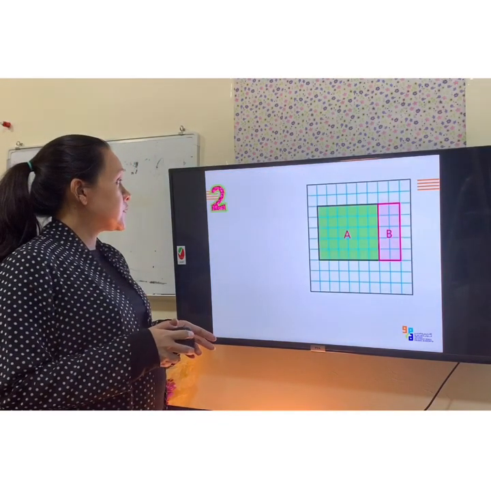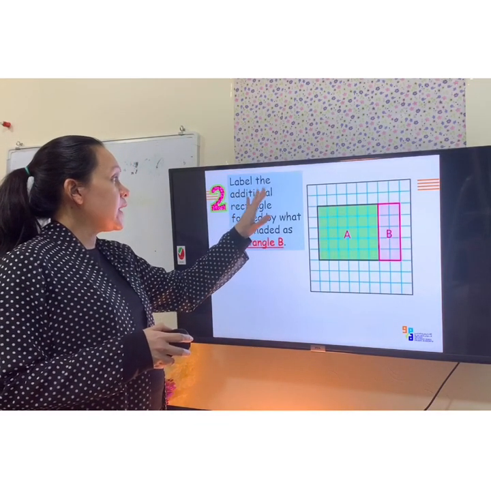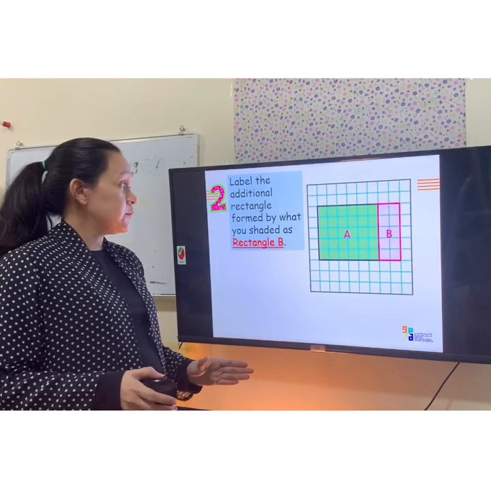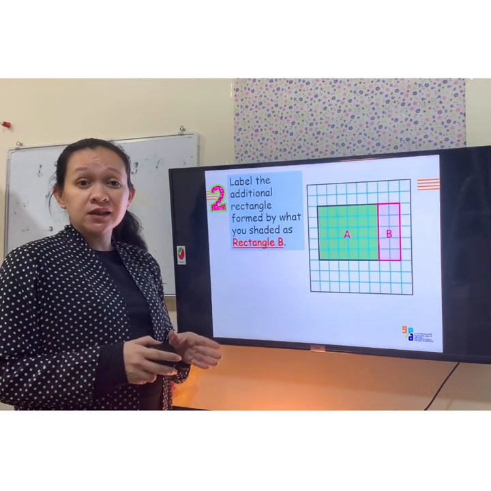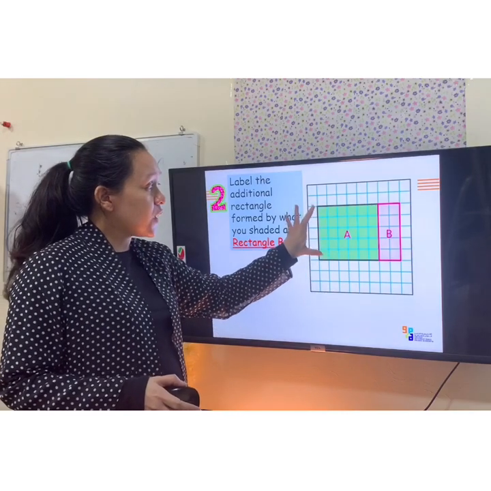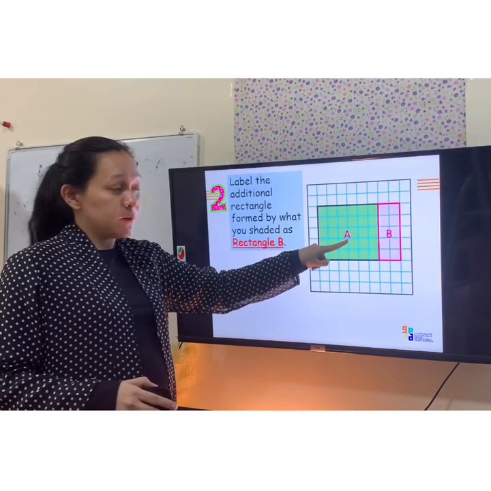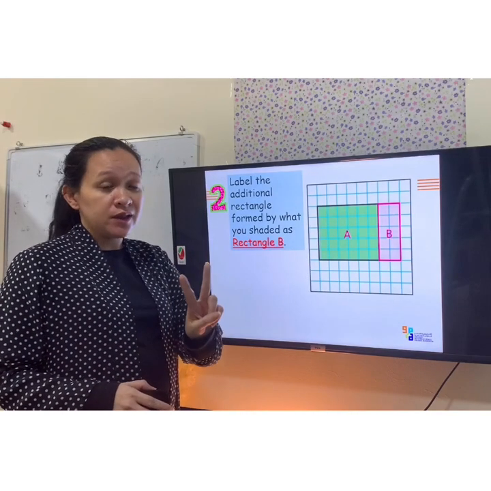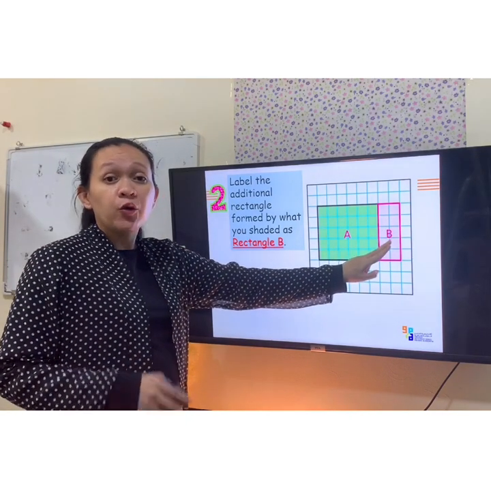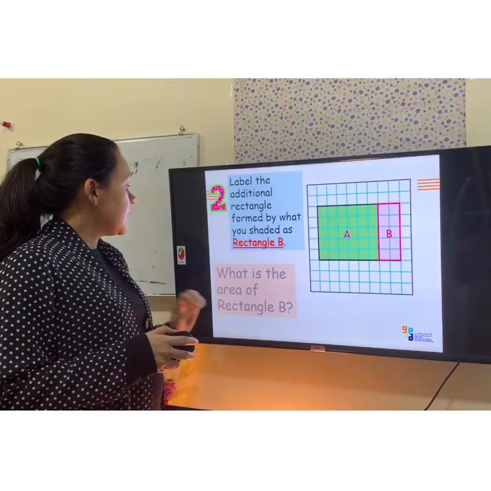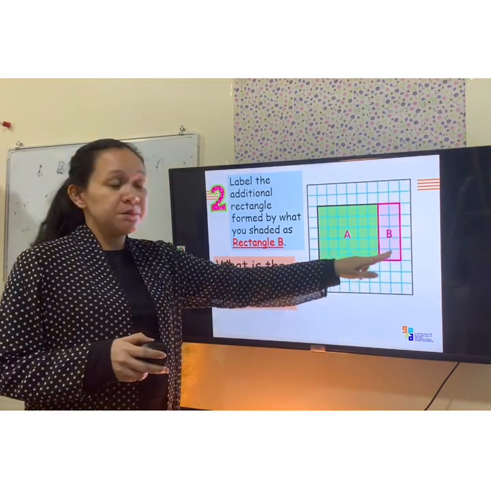Now let's move to the second step. We are going to label the additional rectangle formed by what you shaded as rectangle B. So this is our first figure, which we labeled rectangle A. Now, we added 2 units, and this is now our rectangle B. What is the area of rectangle B?